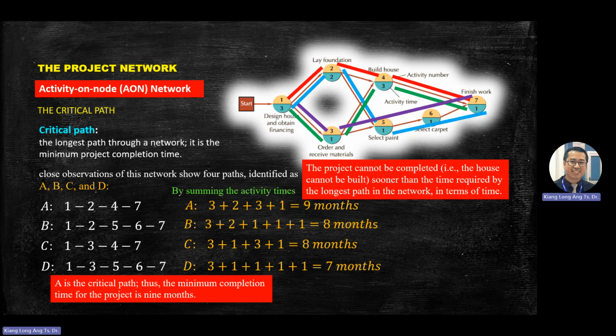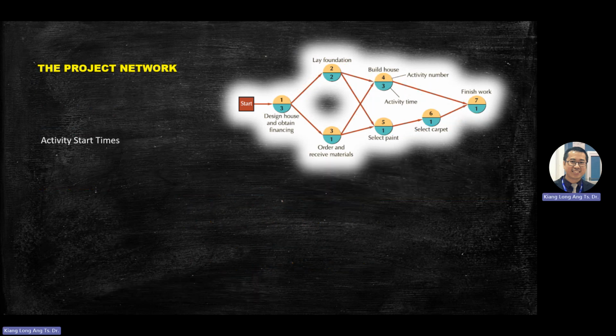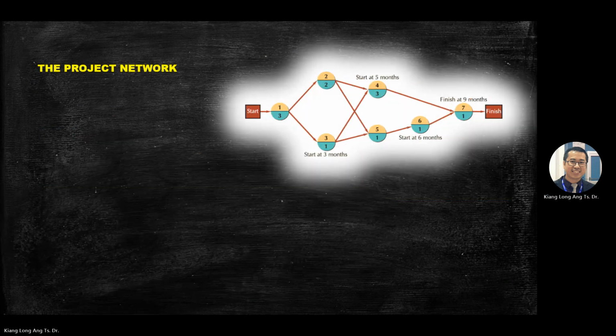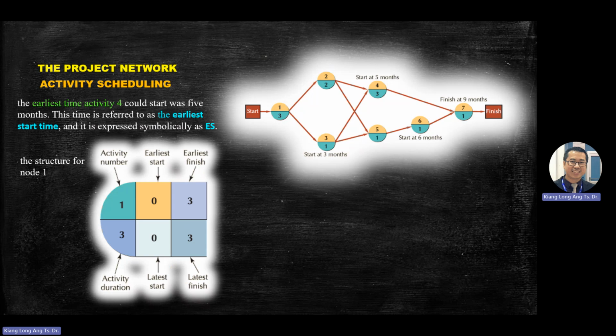Second method, you write the equation, or you can transform the equation into a sentence, which is the ES. Okay, you write the sentence: later start equal to ES, with the numbers in the network.